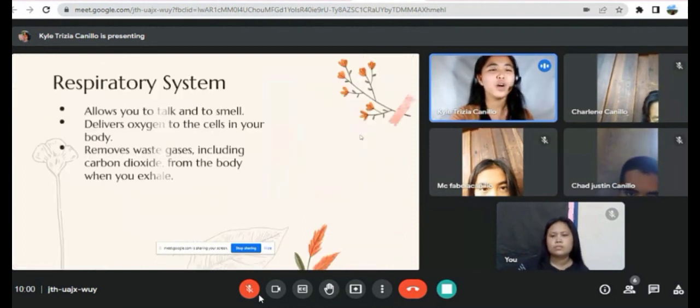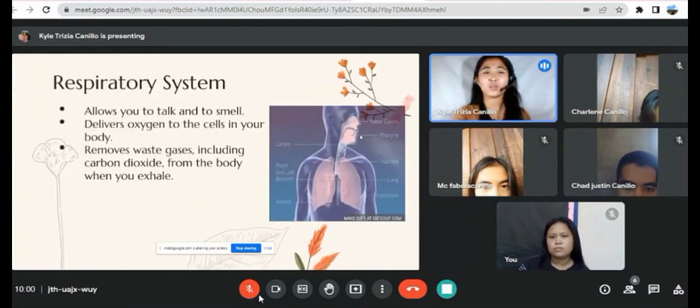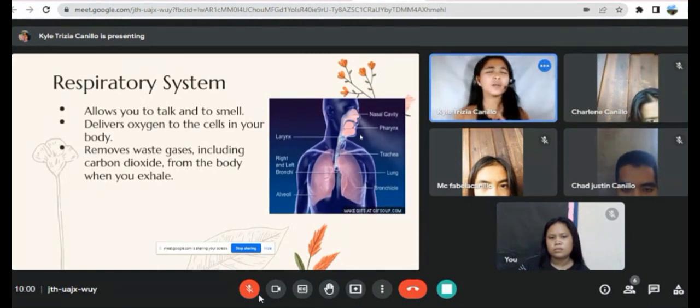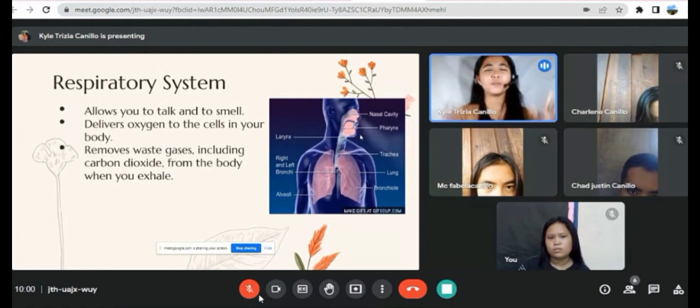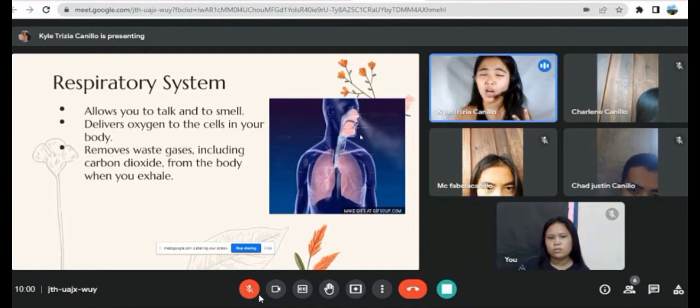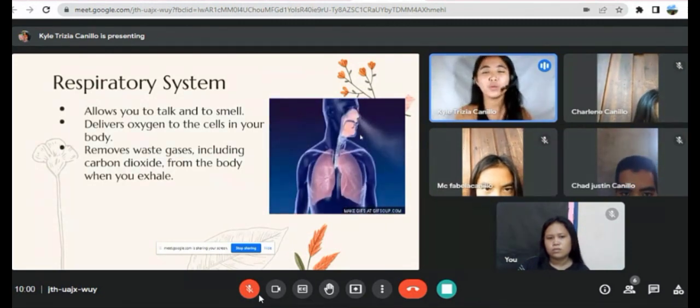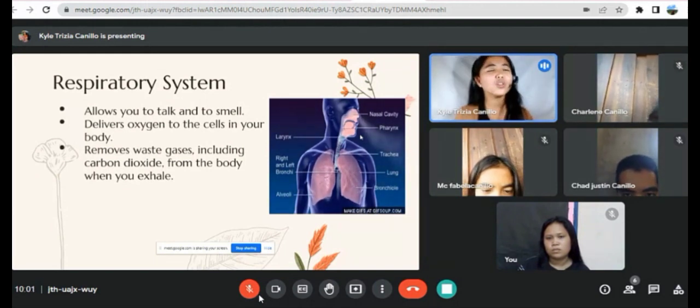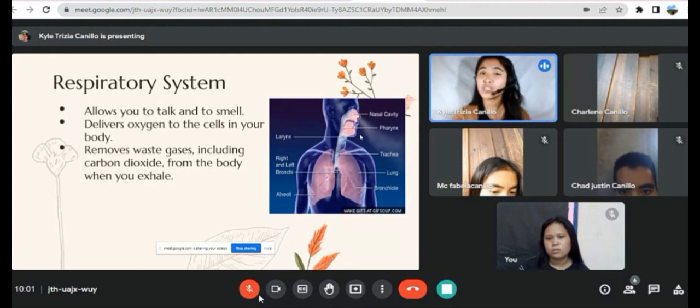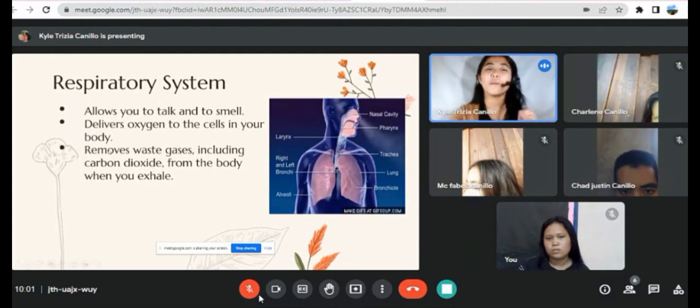Now, let's move on to what the respiratory system is. The respiratory system allows us to talk and to smell. When we talk, we exhale carbon dioxide, and when we smell, we inhale oxygen. It also delivers oxygen to the cells in your body.